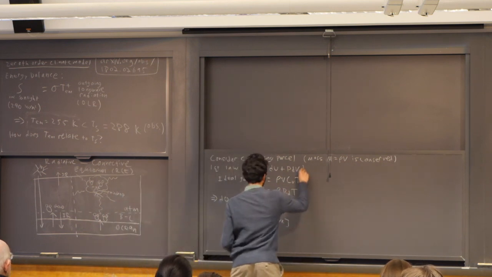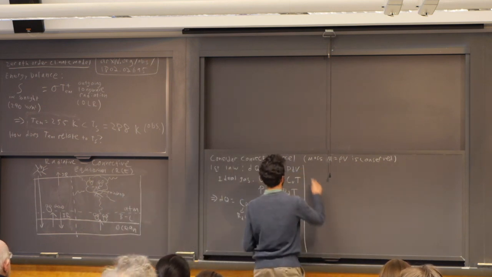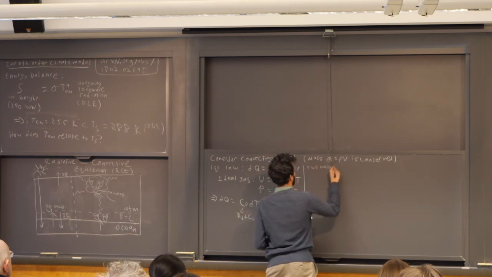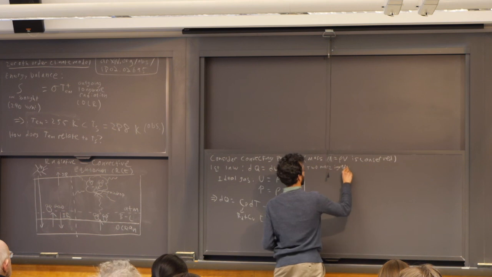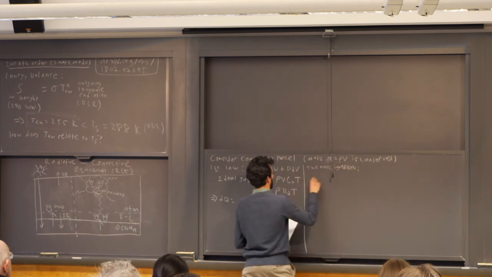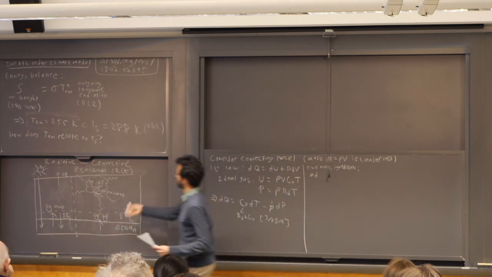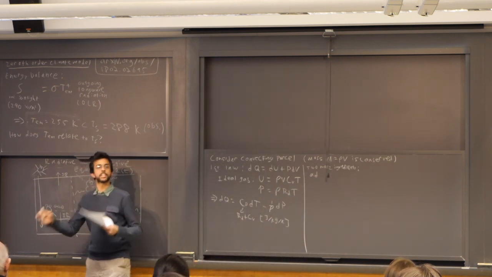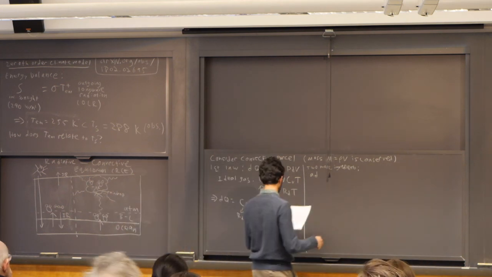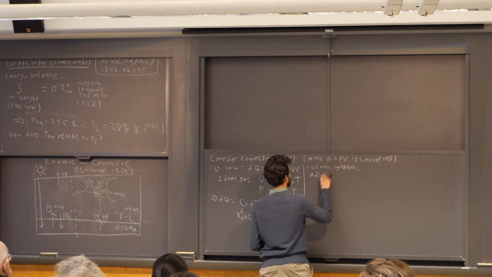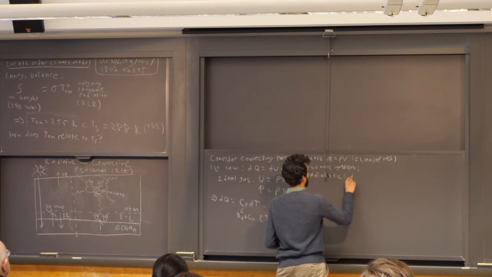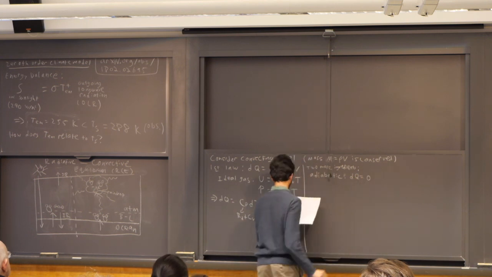So now we add two more ingredients. We assume that when this parcel is rising, there's no heat exchange with the environment. So it's rising, it's expanding, things are happening, but it's not gaining or losing heat to the environment. So we say that it's adiabatic. So that means that dQ equals 0.